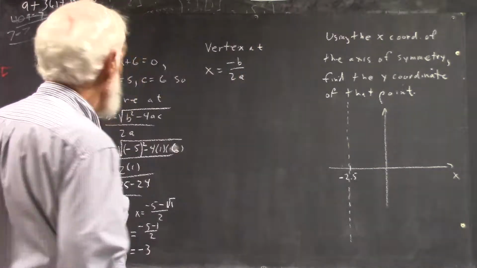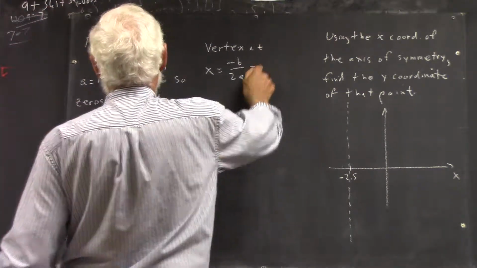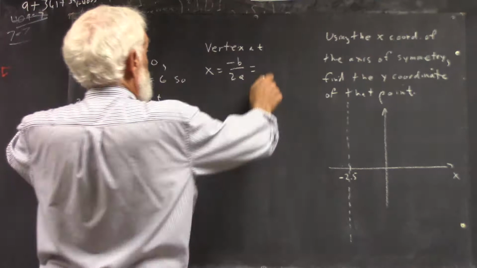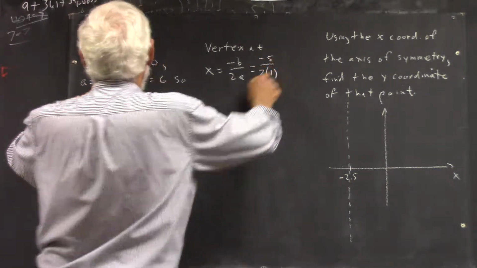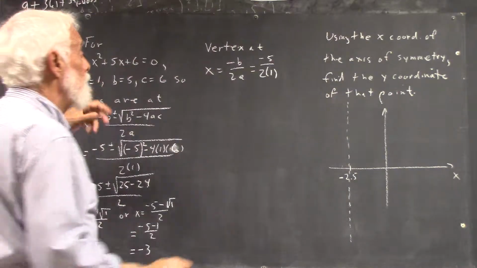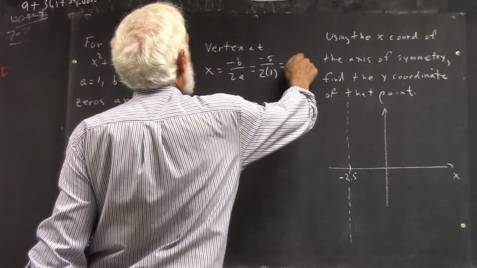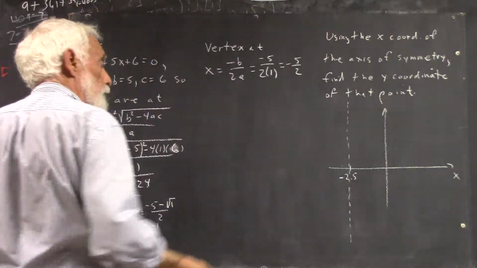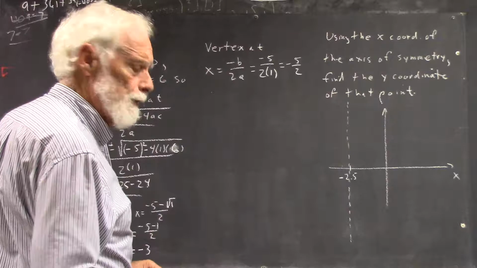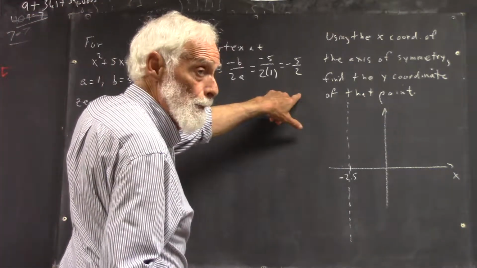Okay? And that equals, in this case, well, b is 5, so it's negative 5 over 2 times a. A is 1. That's negative 5 halves. I'm going to stay with fractions instead of decimals. Okay? The vertex is here.